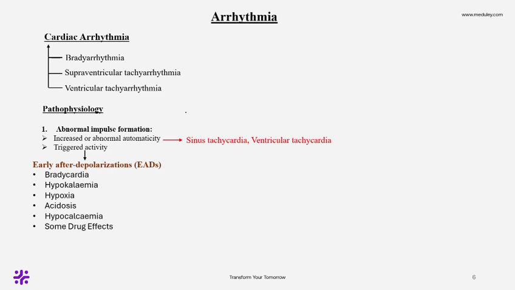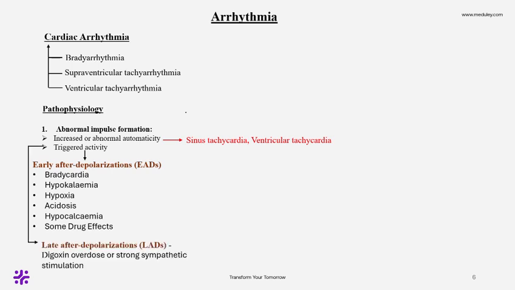And the next triggered activity is late afterdepolarization, which happens after the repolarization process, and is usually seen when digoxin is overdosed or there is strong sympathetic stimulation. So now I hope you understood about abnormal impulse formation.